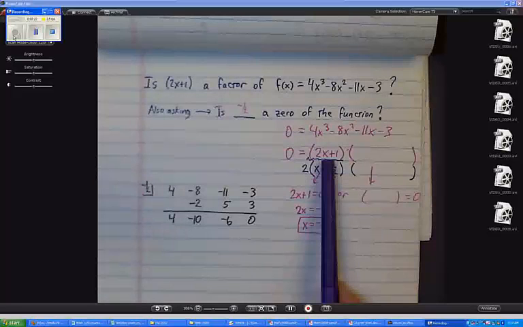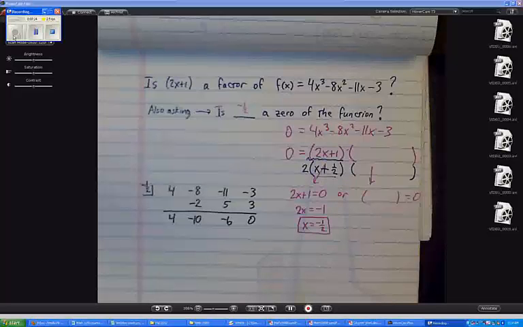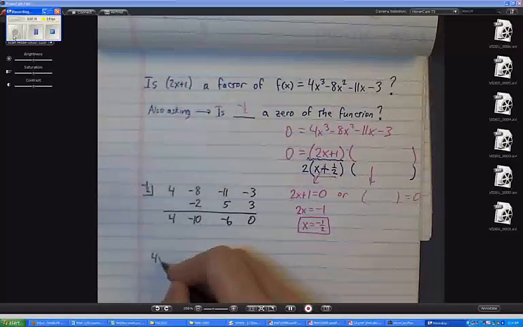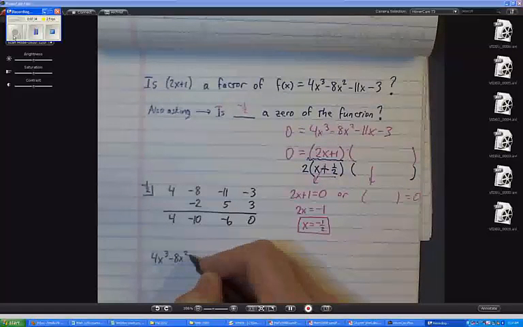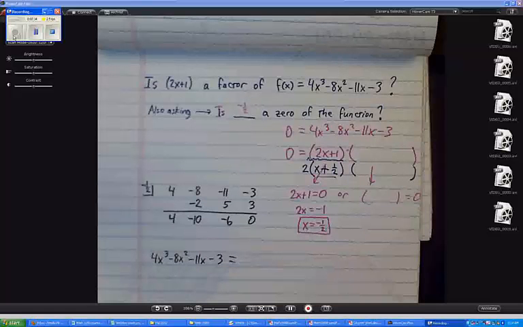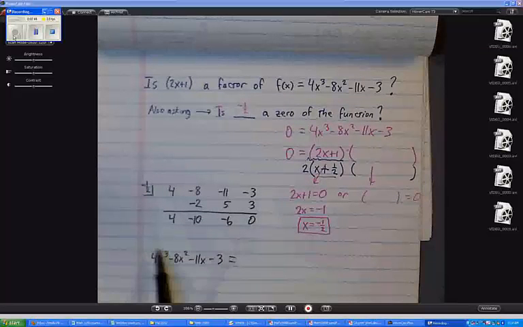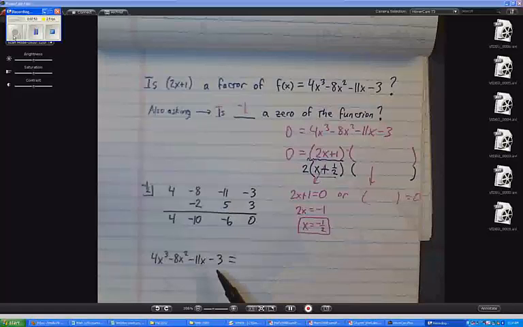Okay? So, how would I do this now? Well, I could say that 4x cubed minus 8x squared minus 11x minus 3 is equal to, well, I have to be careful here. Because what the synthetic division really tells me is that my polynomial is x plus 1/2 times what?